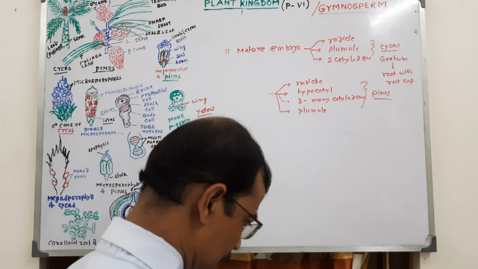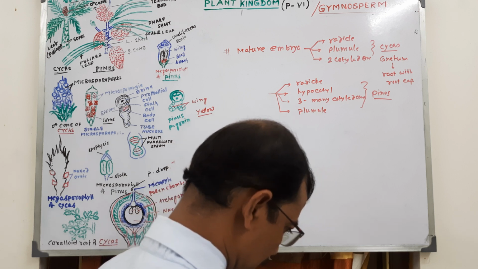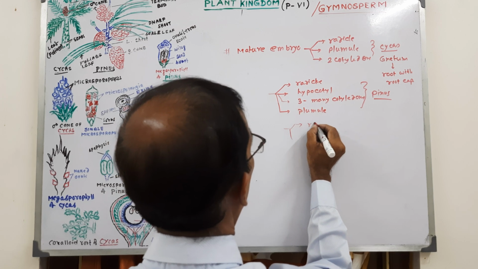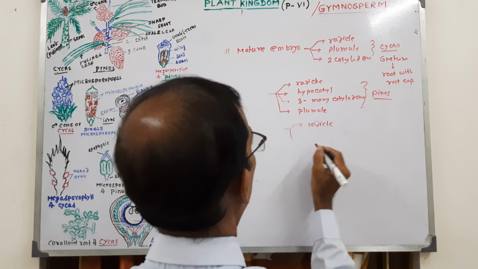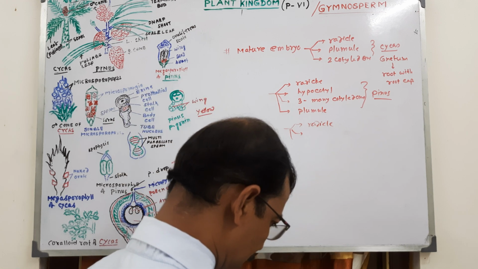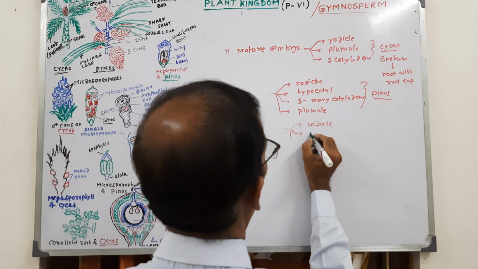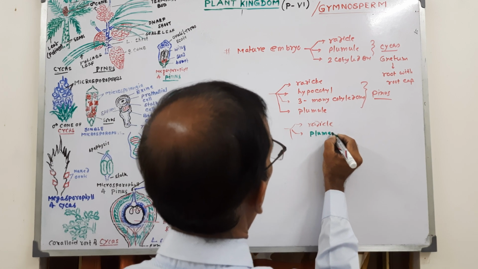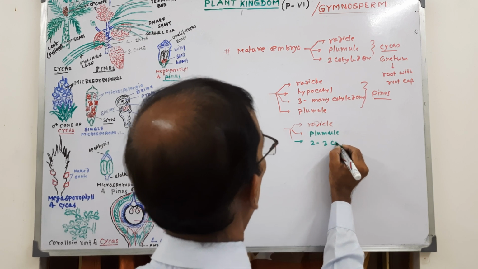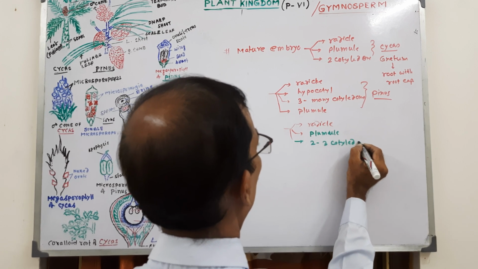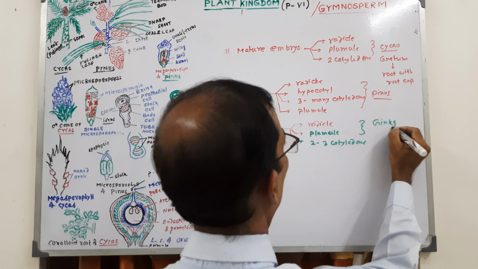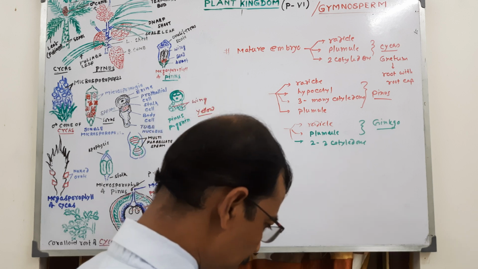Or it may be radical, plumule, and 2 to 3 cotyledons as in Ginkgo, okay. These are the types of embryo.